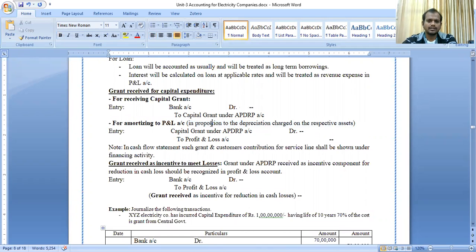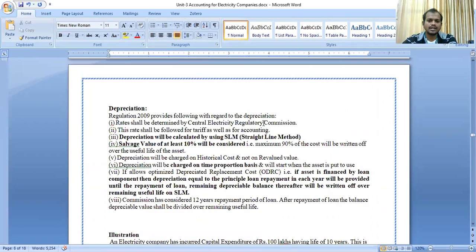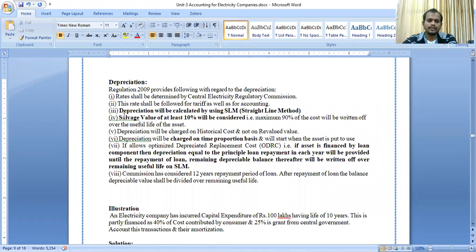How is depreciation charged? On straight line method. On the basis of straight line method, we have to calculate the depreciation.